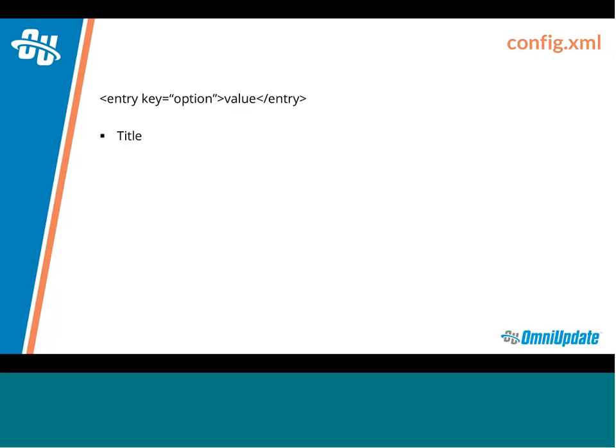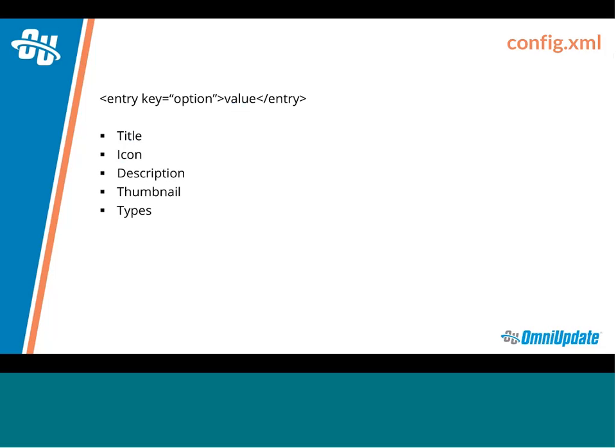Some of the options that we have available include title, which is the title of your gadget, an icon to specify the small icon in the header of the gadget, description, which when you manage your gadgets will tell you what this gadget does, thumbnail, again, when you're managing your gadget, it'll be a thumbnail image representation of what you want for the gadget.